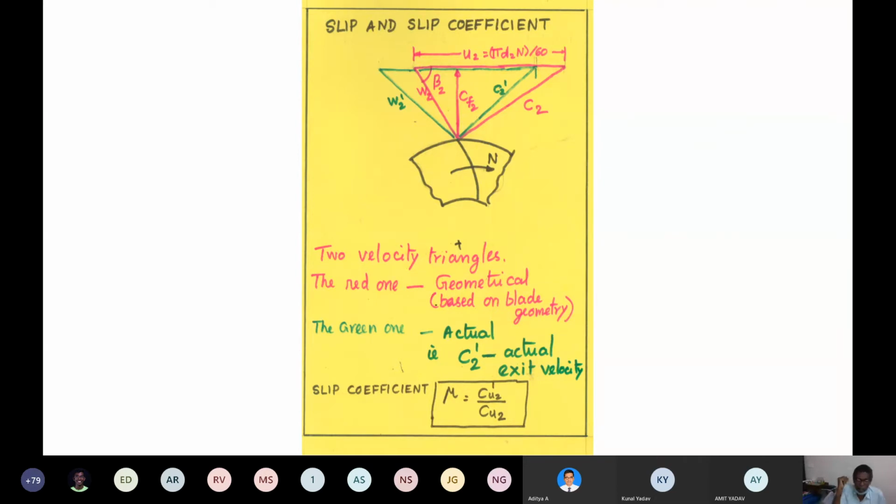Suppose I put 20 blades, people have measured that the slip is less. That means the green velocity triangle will move towards the direction of U2 and try to be with the geometrical triangle.